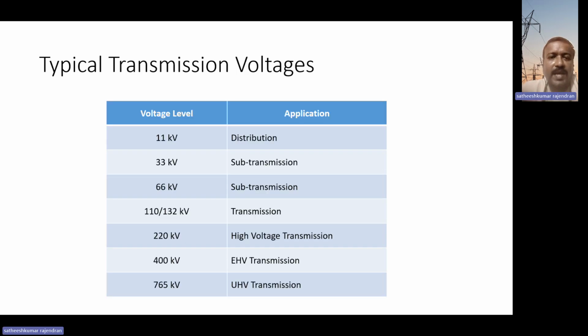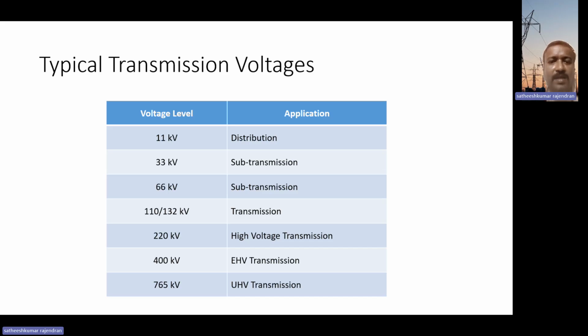And in this slide, typical transmission voltages. What are the transmission voltages? Voltage levels are used for various applications. 11 kilovolt we are using for distribution, 33 kilovolt for sub-transmission, 66 kV sub-transmission, and then 110 to 132 kilovolt is for transmission.